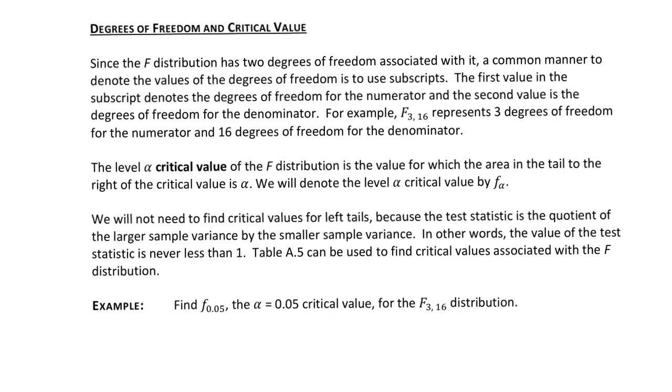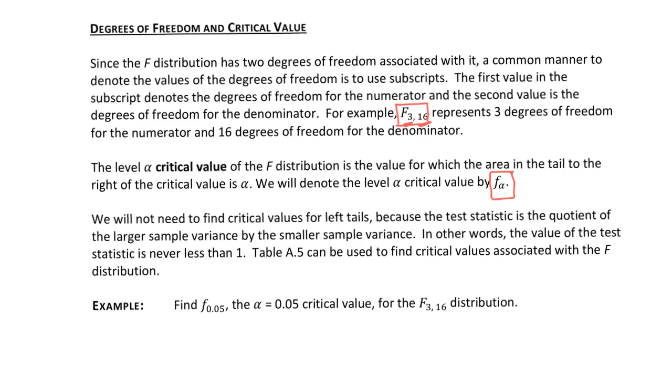Since the F distribution has 2 degrees of freedom, we usually represent them by two numbers separated by a comma. So 3 and 16 represent the degrees of freedom, where 3 is the degrees of freedom of the numerator and 16 is the degrees of freedom of the denominator. The critical value of the F distribution is represented by F alpha, meaning the area in the tail to the right of the critical value is alpha.